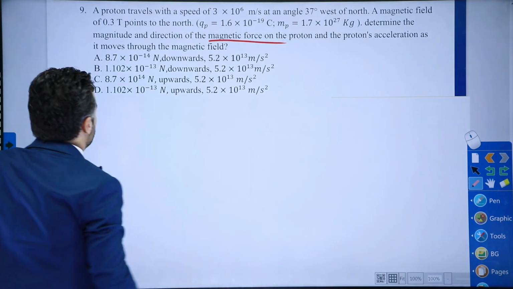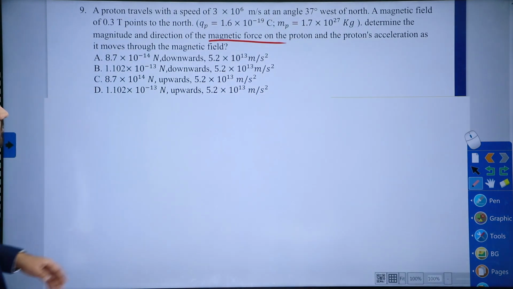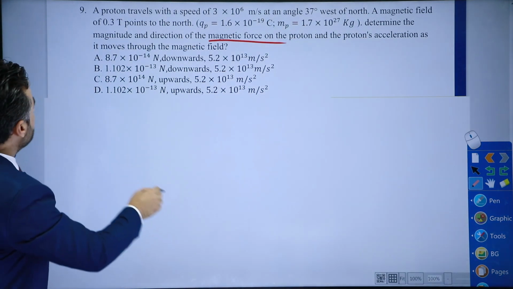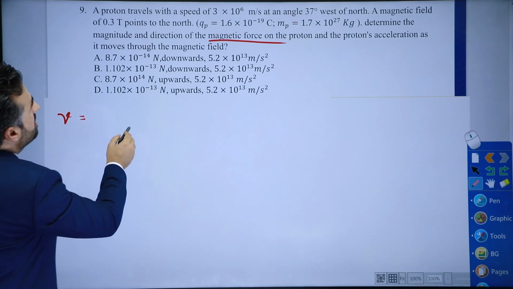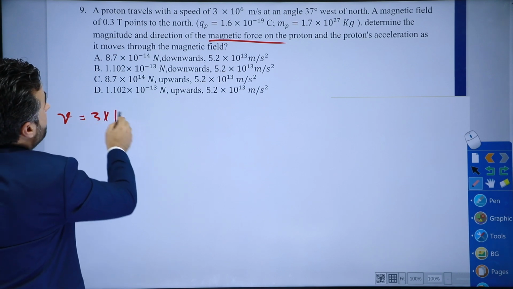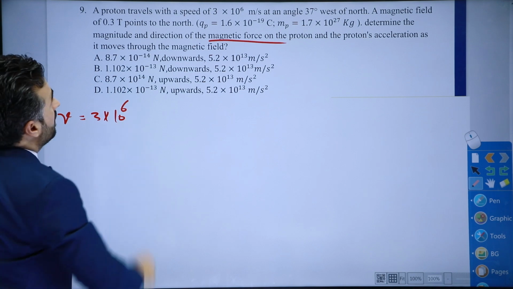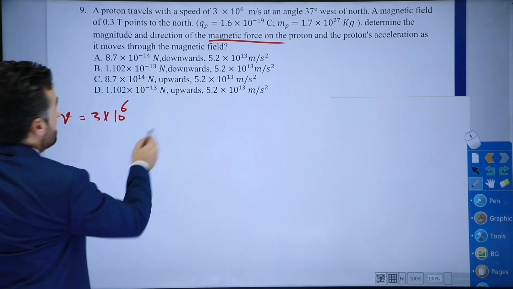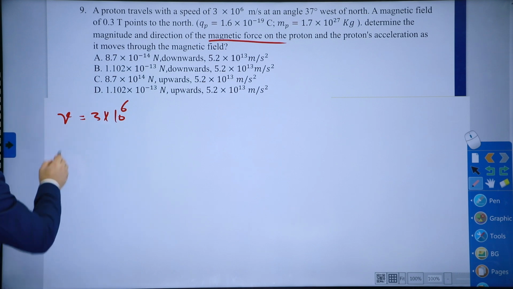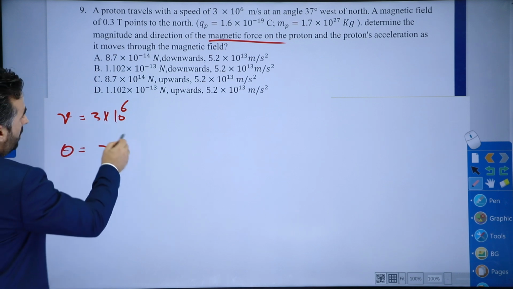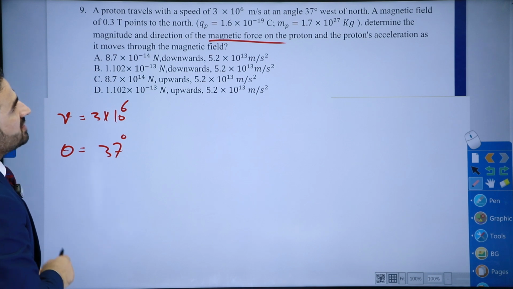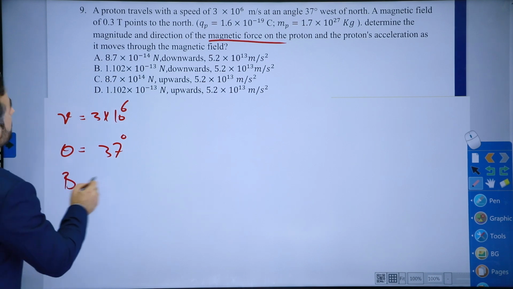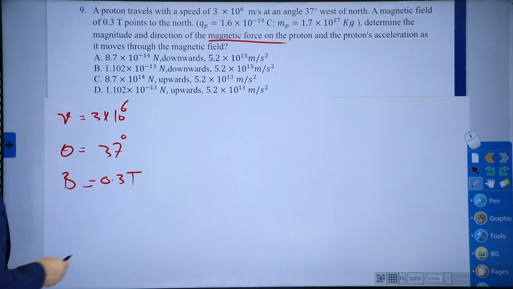So this question has two parts. How about we write the information that is given first? So V is 3 times 10 to the power 6 meters per second, that is the speed. At an angle theta of 37 degrees west of north, and a magnetic field B of 0.3 Tesla that points to the north.